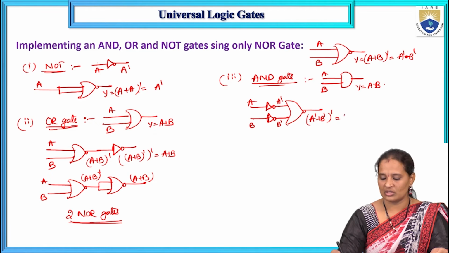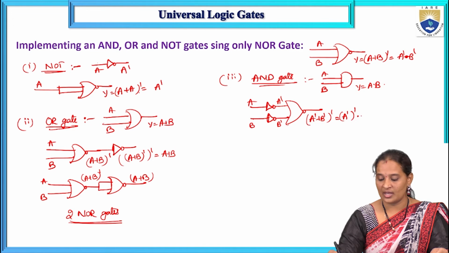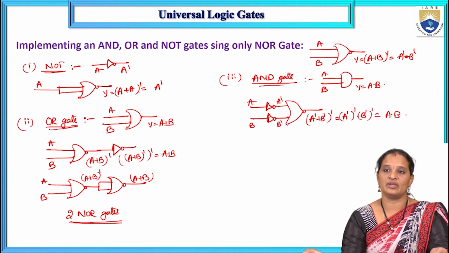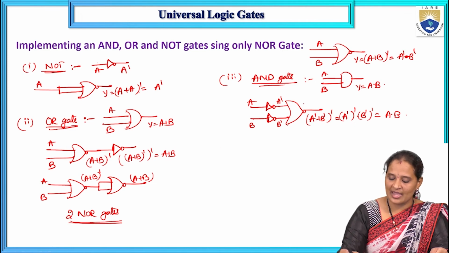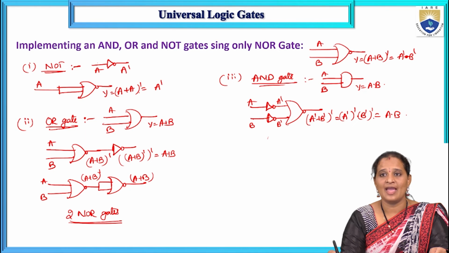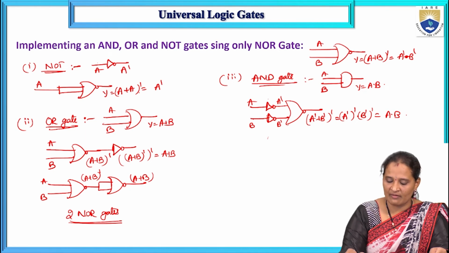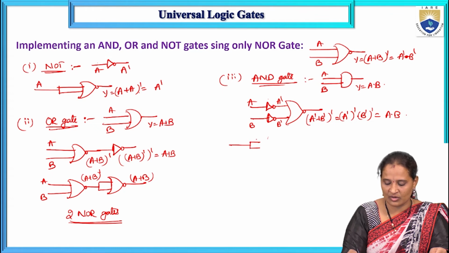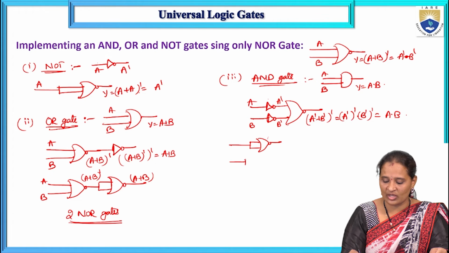Now apply De Morgan's law. A bar whole bar, plus will be changed to dot, and B bar whole bar. So it is equal to A dot B. That means I can have this kind of implementation for implementing an AND gate using NOR gates. I don't want to use an inverter, so I will replace the inverter with a NOR gate again, because I want to implement everything using NOR gates.